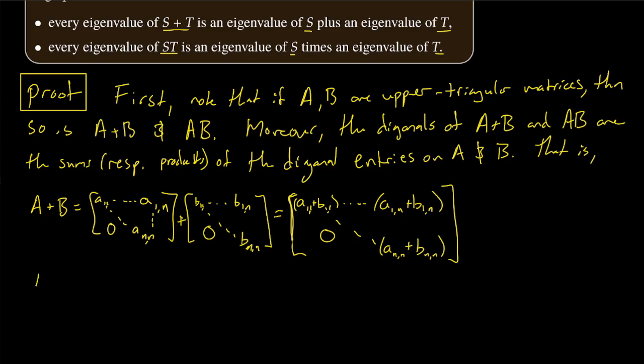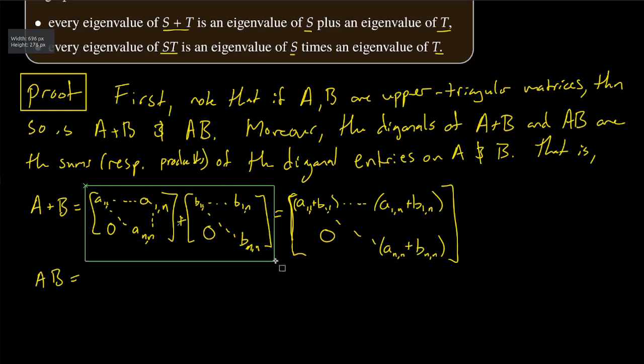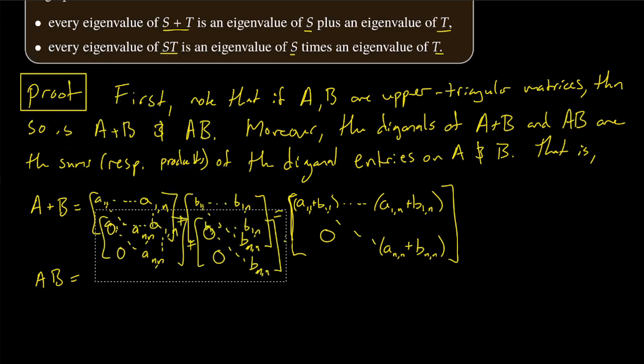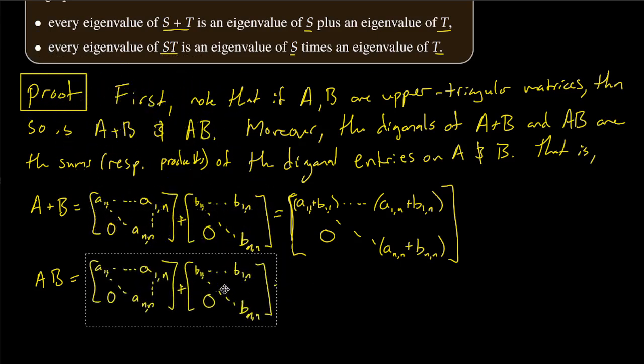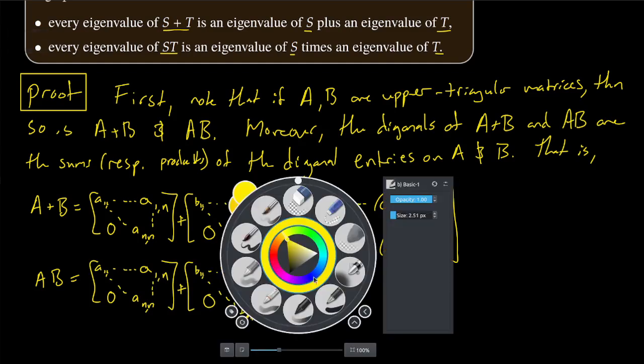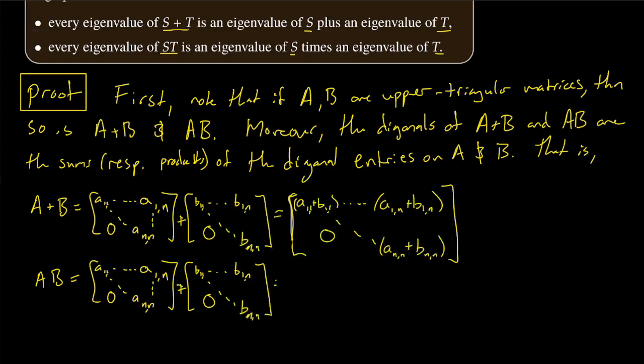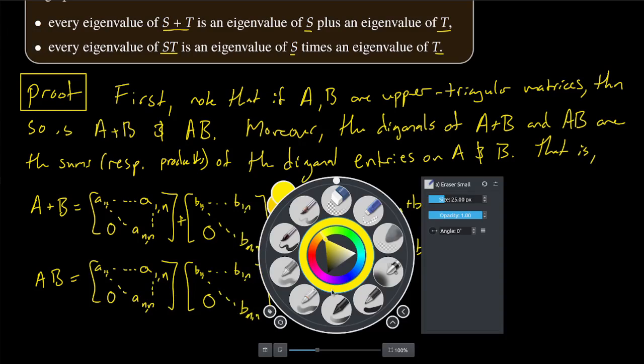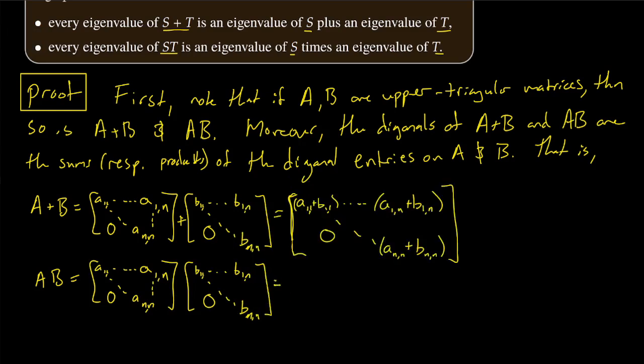Similarly, if I take A and B and multiply them together, let me select this piece right here. Much better than having to rewrite it. Now I can erase right there, and all I have to do for this multiplication is the usual across and down.